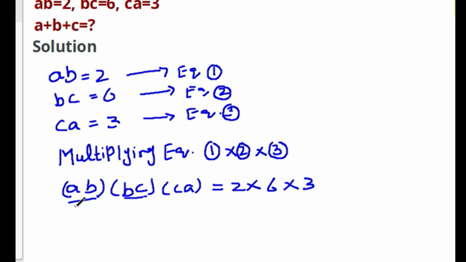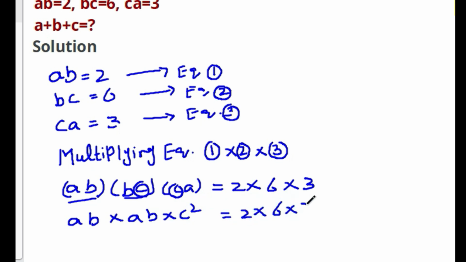Here AB into, we will first multiply C by C. AB into C square is equal to 2 into 6 into 3.